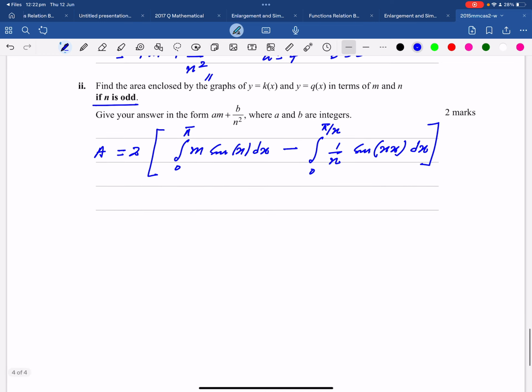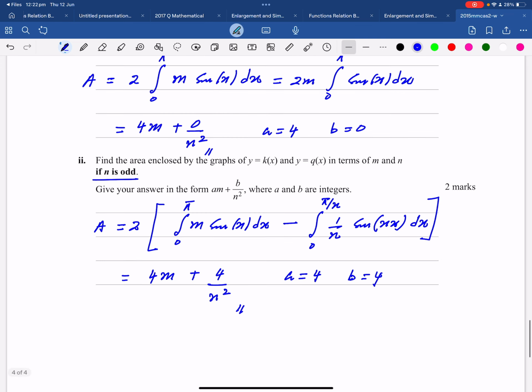Now you can put this into the calculator, and that would be 4m plus 4 divided by n squared. So from here, a is equal to 4 and b is equal to 4. That's all about it.